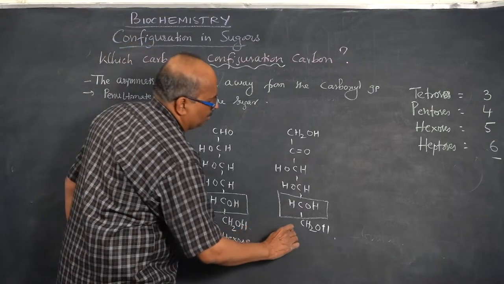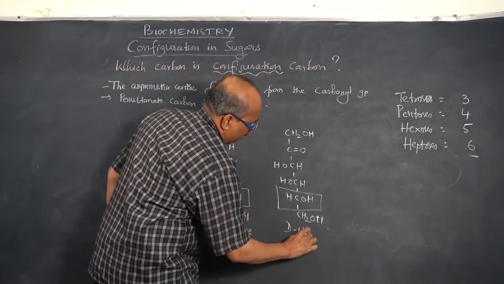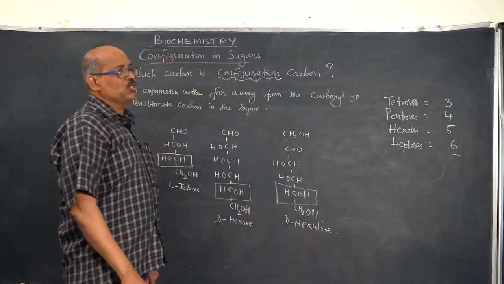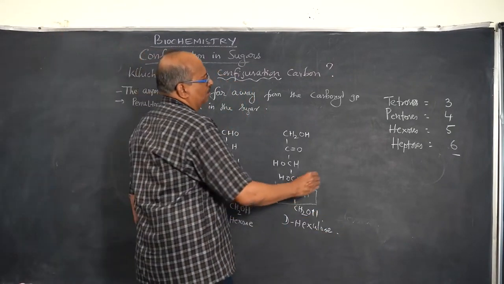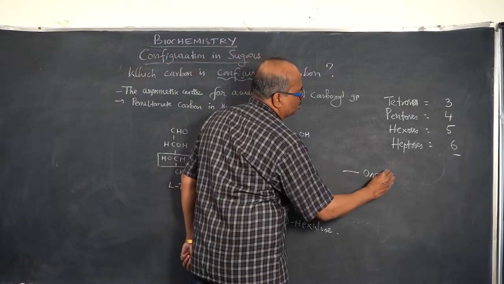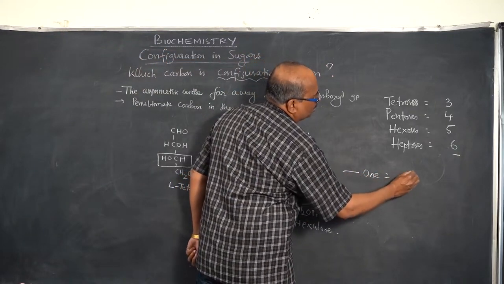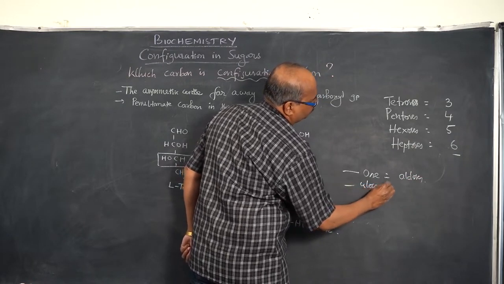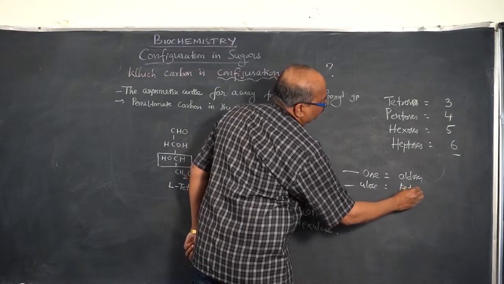It will become D-hexulose, the ulose we use for ketoses. Ose, aldoses, ulose, ketoses.